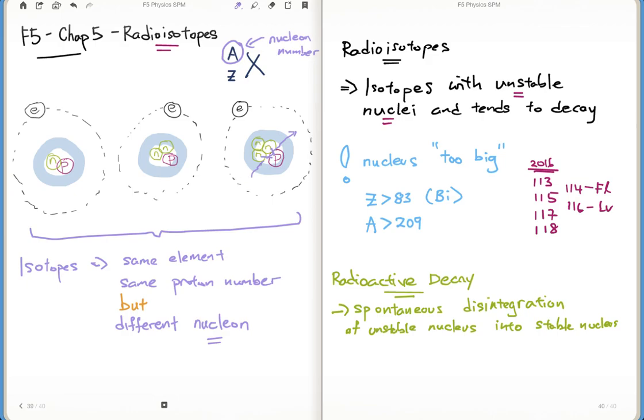So what happened when they disintegrate? This form of energy will be released in the more stable nuclei, with the emission of energetic particles.